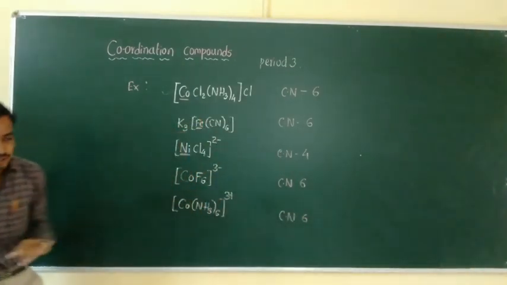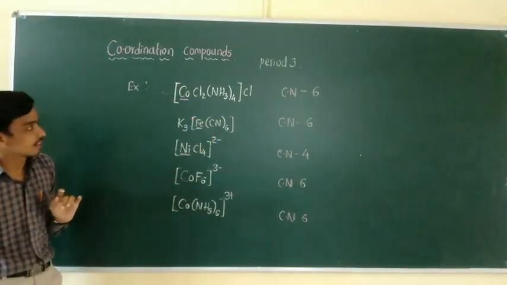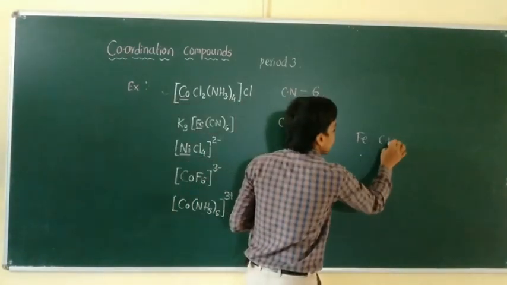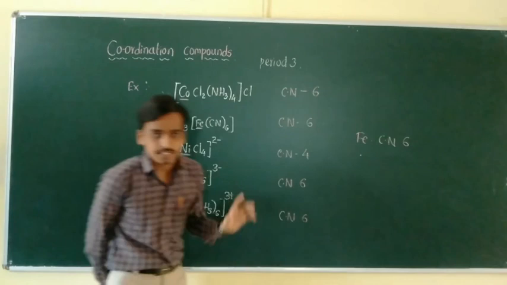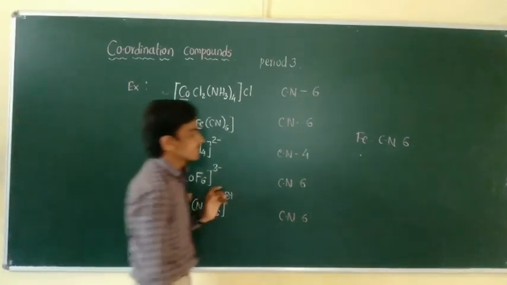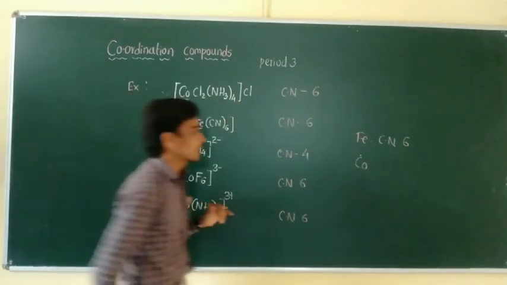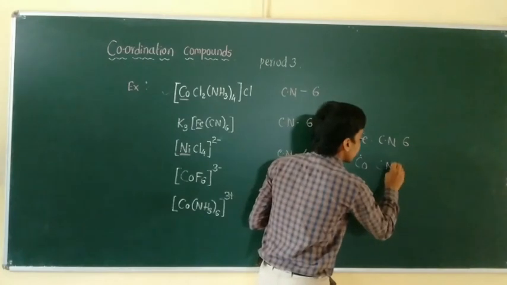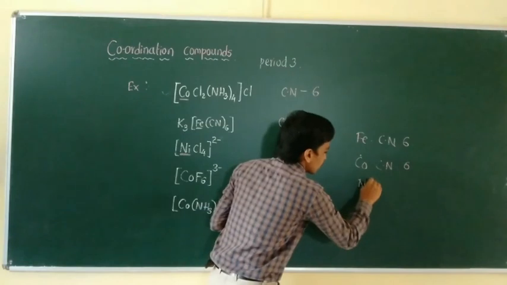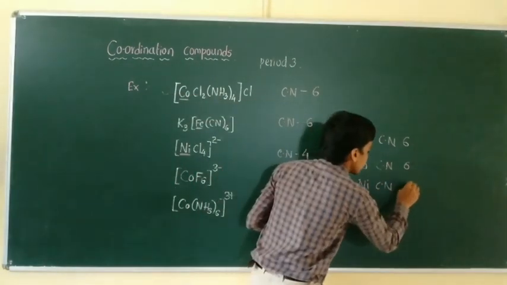By looking at these examples, you can identify some important facts. Where there is iron, its coordination number is compulsorily 6. Any iron-containing complex has coordination number 6. Similarly, where cobalt is the central metal atom, its coordination number is again 6. But where there is nickel, which is also a d block metal, its coordination number is 4.